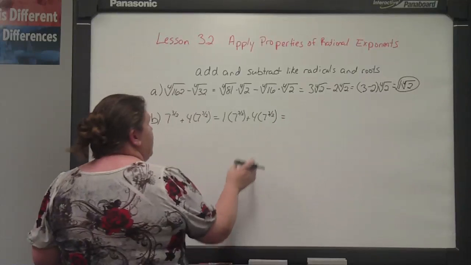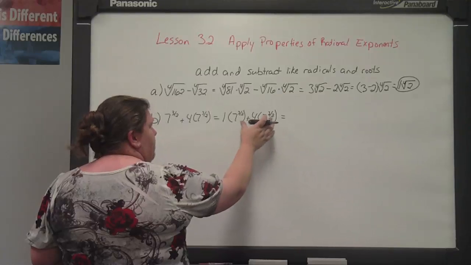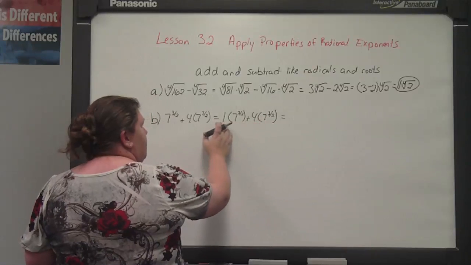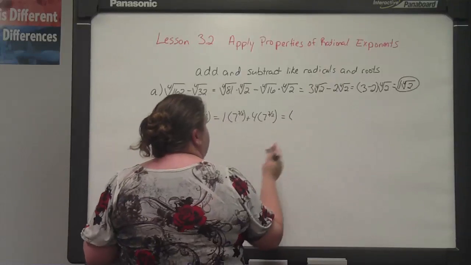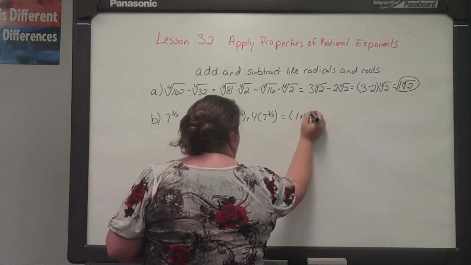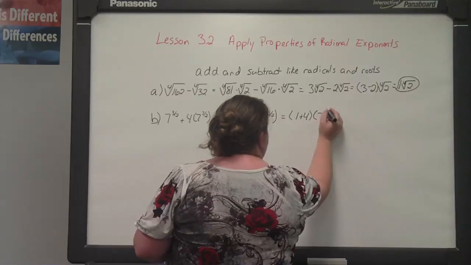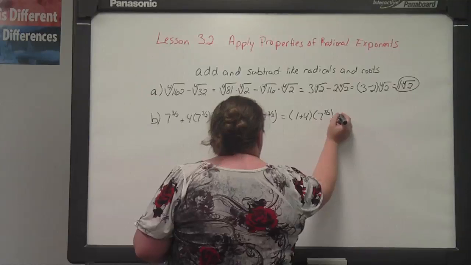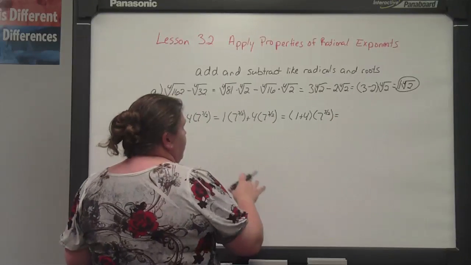So now I see that they have a common power and a common base, and so I want to add the outside, which is 1 plus 4, and then multiply that total by the 7 to the 3/2 power. But again, all I want to do is put it into simplest form.